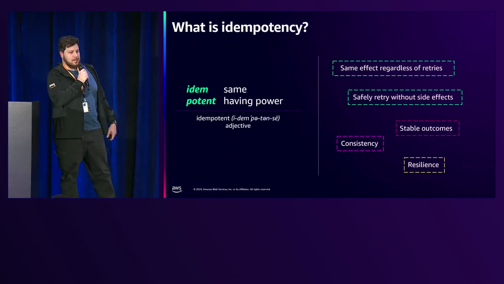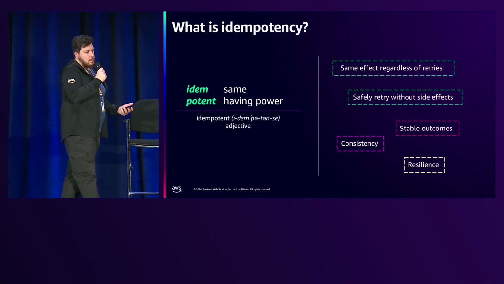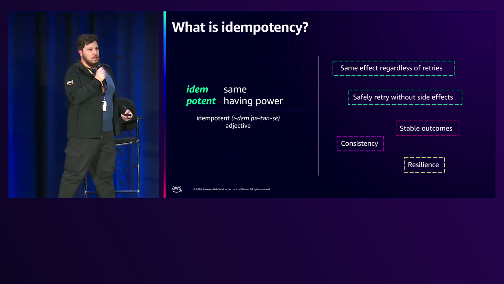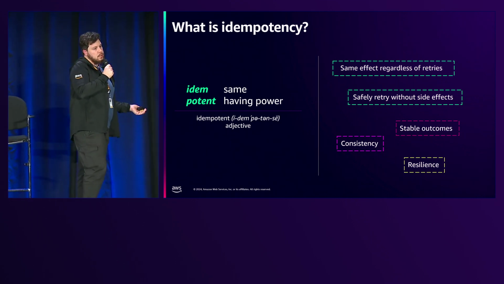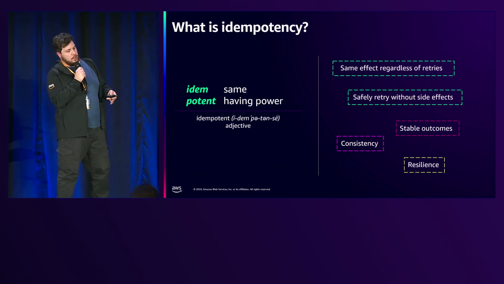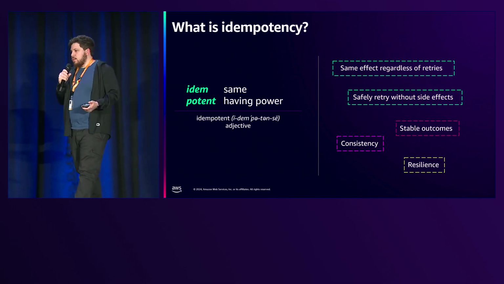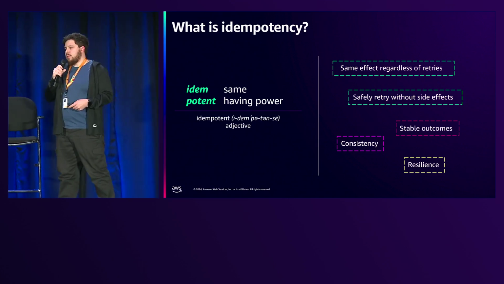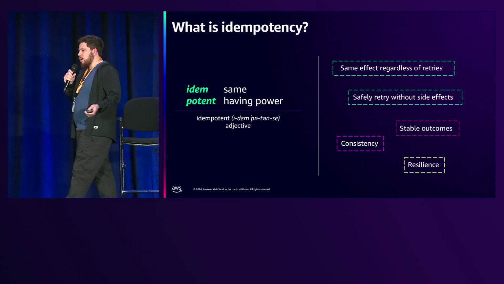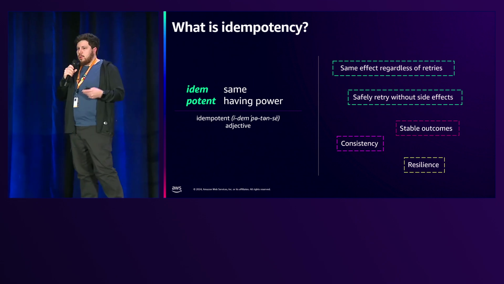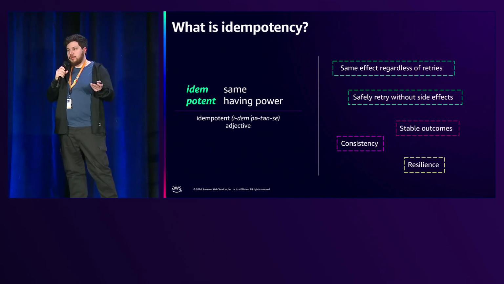So what is idempotency? An operation can be said to be idempotent when it's run multiple times with the same inputs and yields the same results, no matter how many times it's run. This is something that you might want to do, for example, if you're processing a financial transaction or an order, basically something that you want to run a function, but you don't want to run the side effects for it.